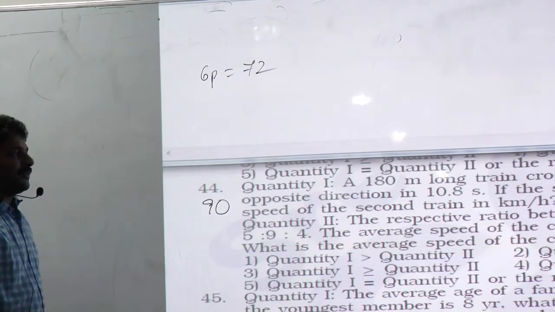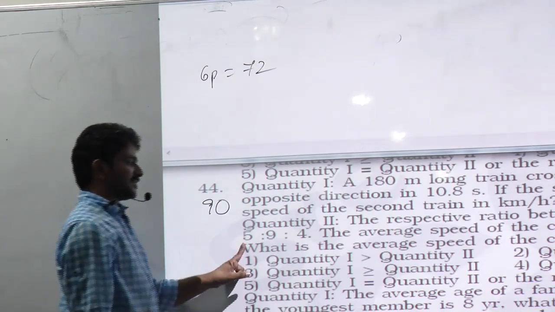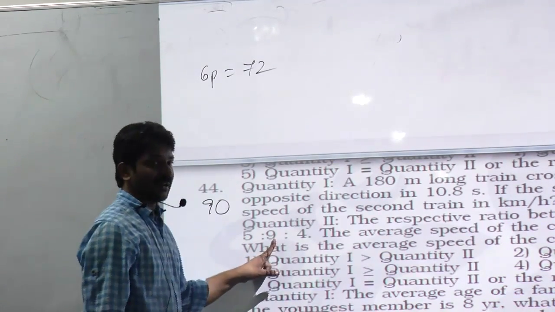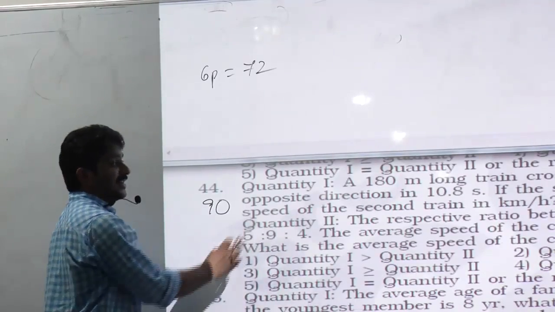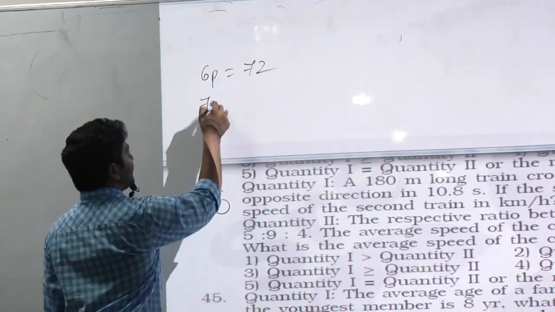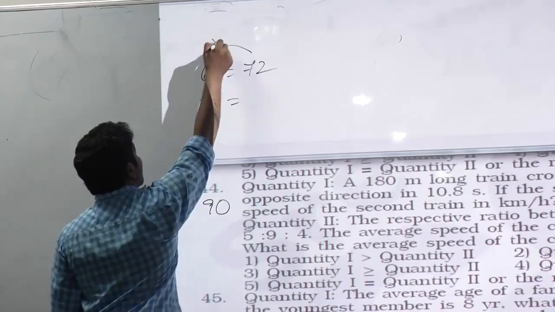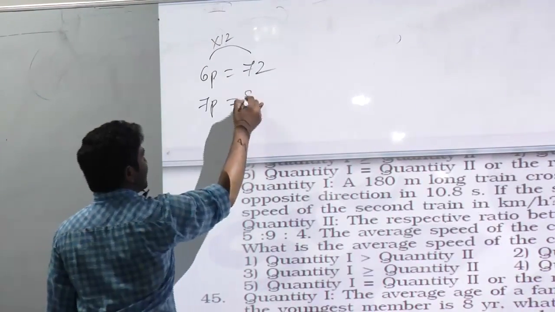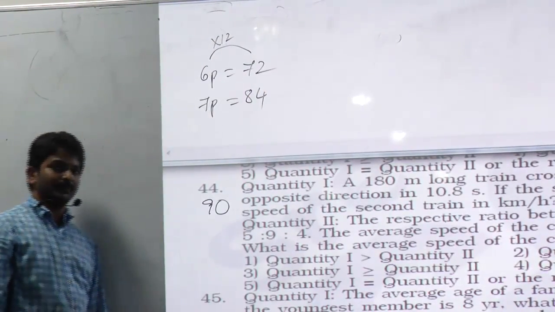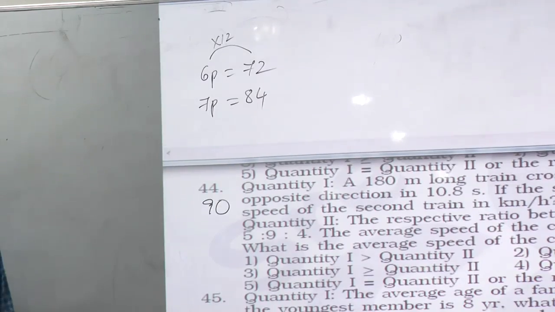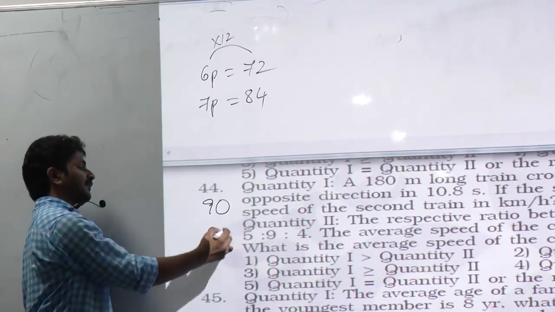And what is the average speed of the car and the train? Car speed is 5 parts. Train speed is 9 parts. Average of these two is 7 parts. So you need to calculate 7 parts. 6 parts is 72, so 7 parts is 84. So quantity 2 is 84.